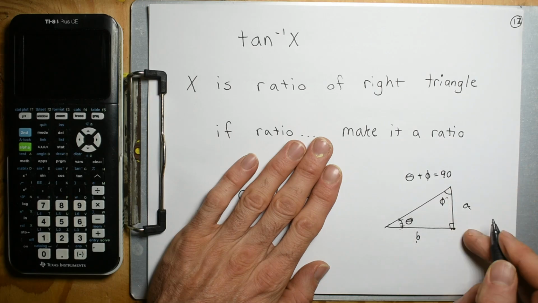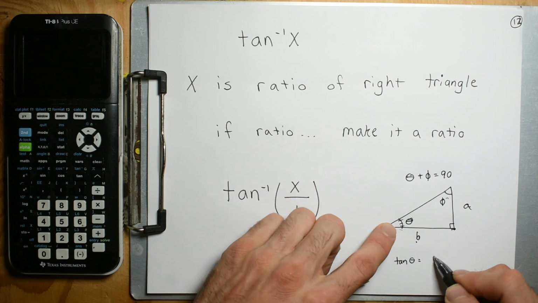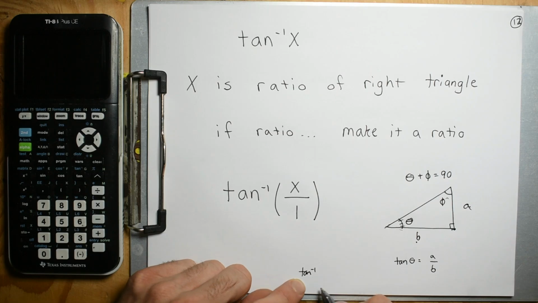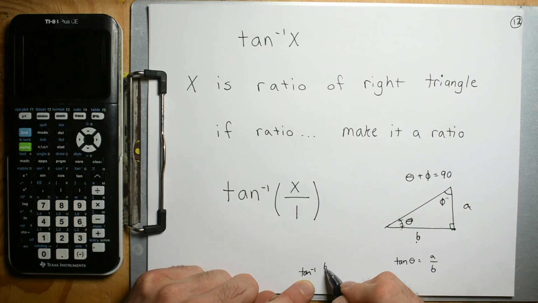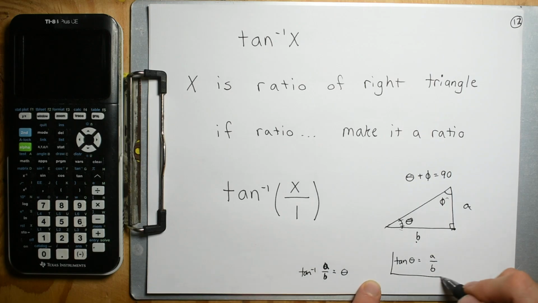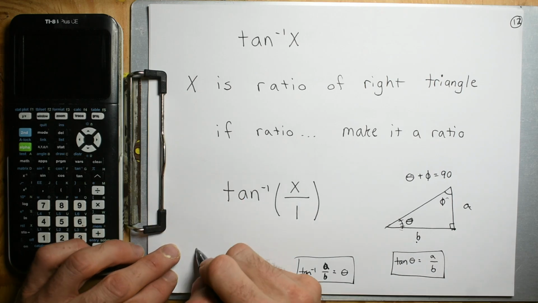That's important. The tangent of this angle is A over B, or the inverse tangent of A over B, which is that ratio, gives me that angle. So both of these are true statements, and then we're going to see how, I mean, we should say this.